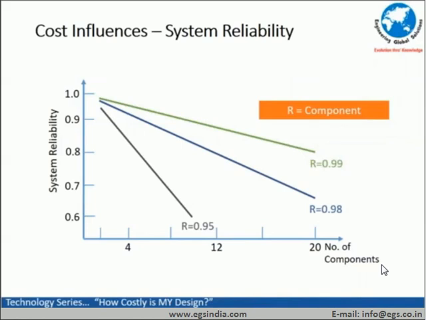However, with fewer components, as designed for assembly, your reliability is protected. This is another significant cost influence on the end product cost.